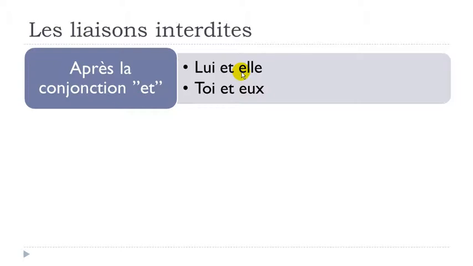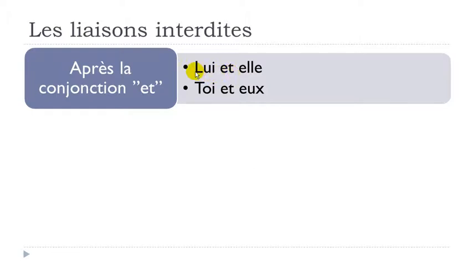Because it would be quite logical. After all, we tend to make it and to put it, a little bit everywhere. But in that case, the rule is really strict. So after this conjonction et, like we've got here, you don't make any liaison. So no links after et.